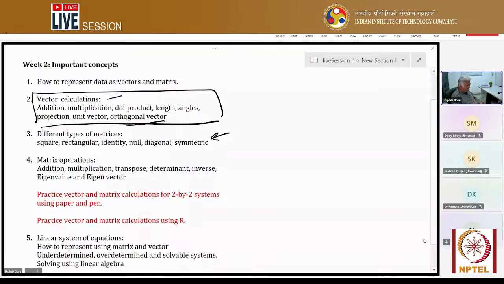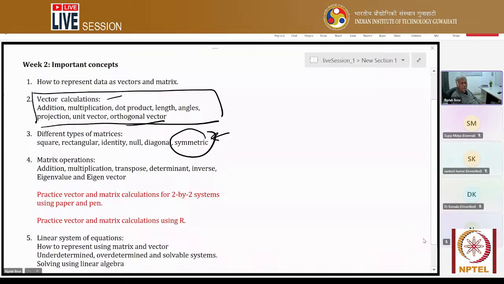Once you have learned what is a matrix, what is a diagonal matrix, what is a null matrix, what is the identity matrix, what do we mean by a symmetric matrix? Symmetric matrix will come up very frequently in the upcoming weeks, right? What do we mean by a symmetric matrix? What are the properties of a symmetric matrix? All this has been discussed in these lectures. Don't skip them. Go slow.